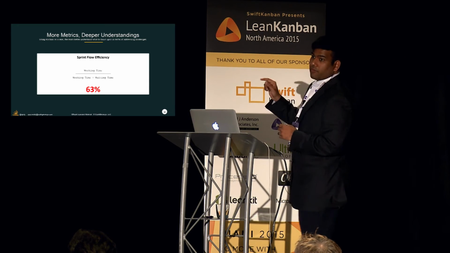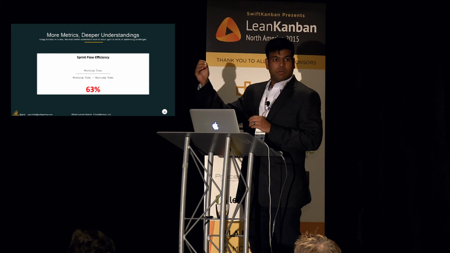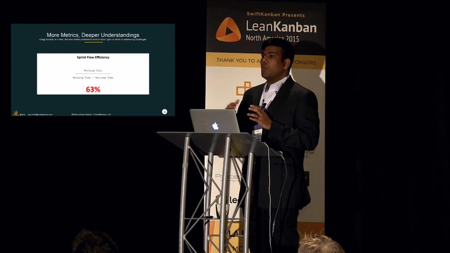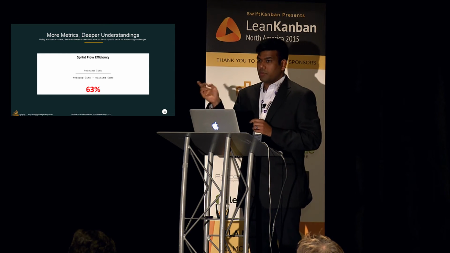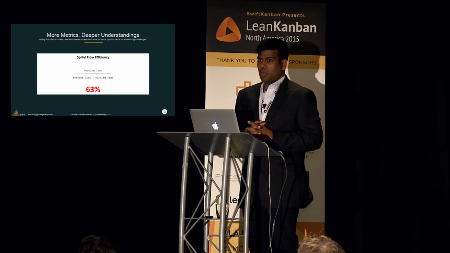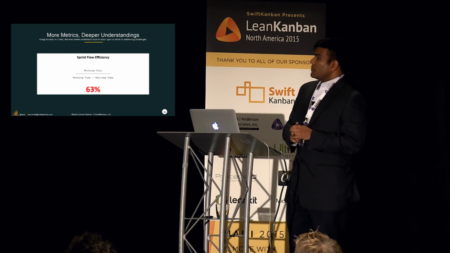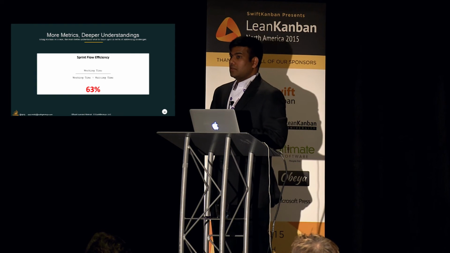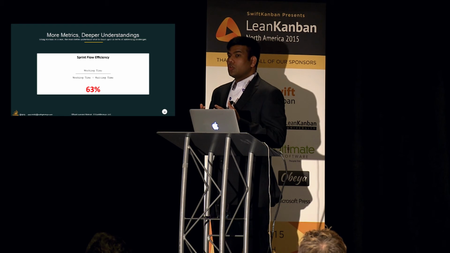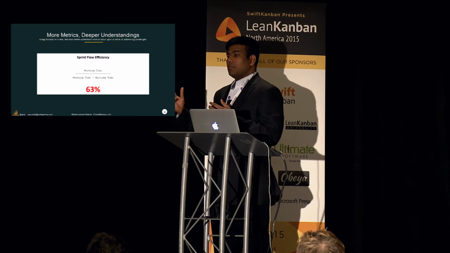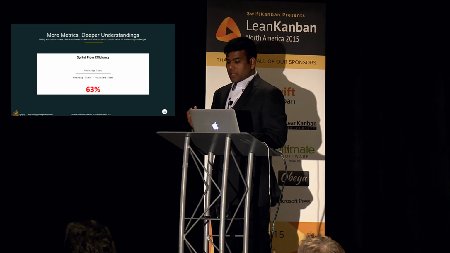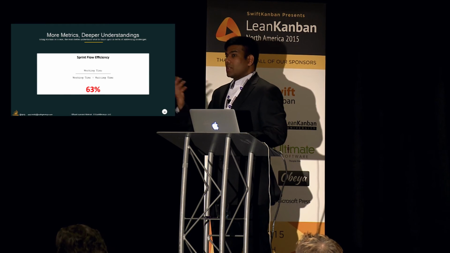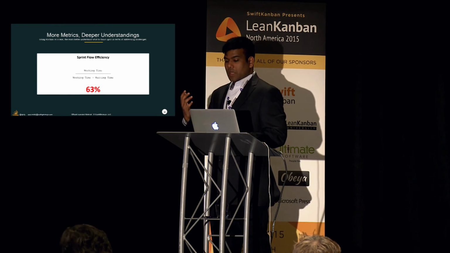This is the sprint flow efficiency, so within the sprint, how well things flowed. It's different from the flow efficiency you might see in other blog posts. In their case, it was a good 63%, which was an interesting number, because one of the things they were trying to improve was their flow. Dependencies were a big thing, so they were trying to capture how much of it was wait time.